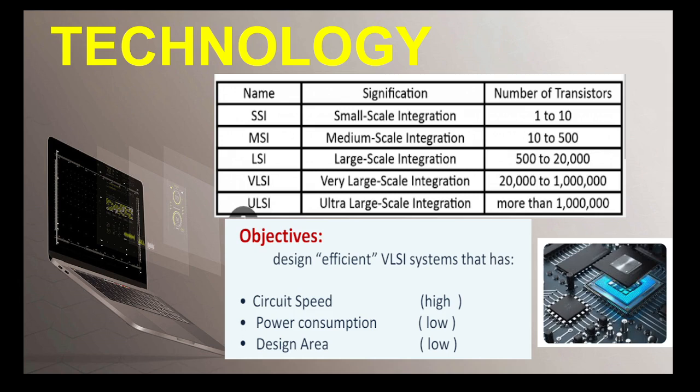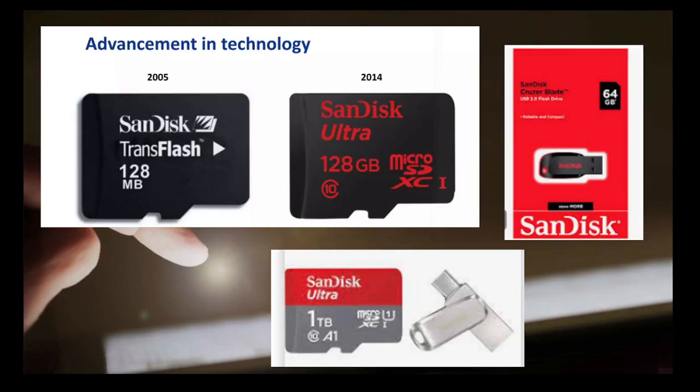The main objective of designing an efficient VLSI system is high circuit speed, low power consumption, and a portable design that occupies less area. The advancement in technology: in the year 2005, SanDisk, a company, produced a 128 megabyte storage device in the pen drive.